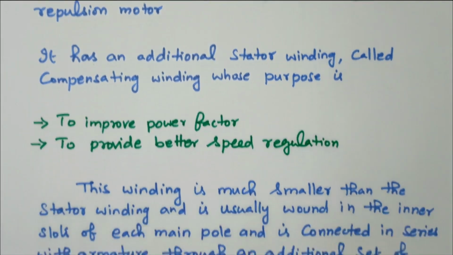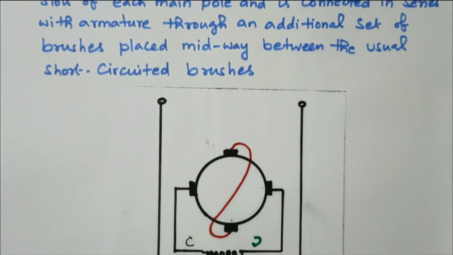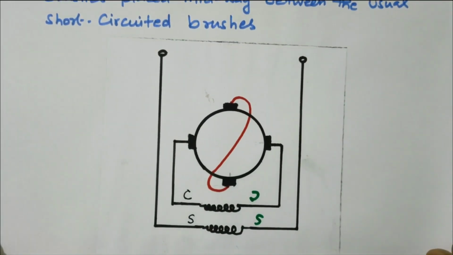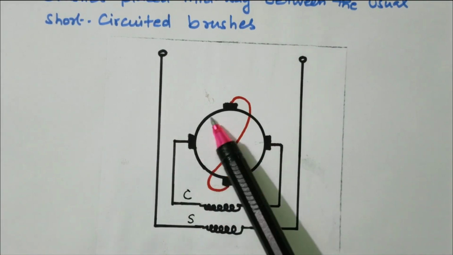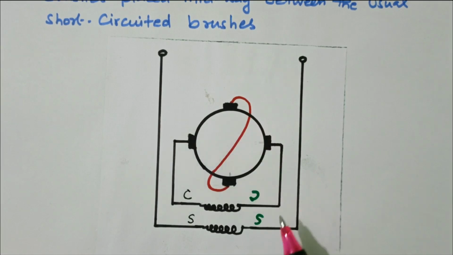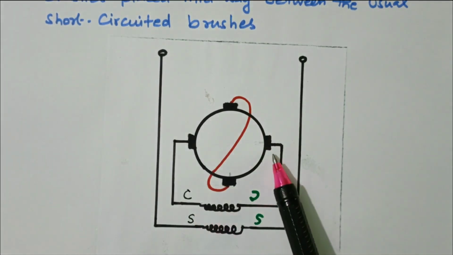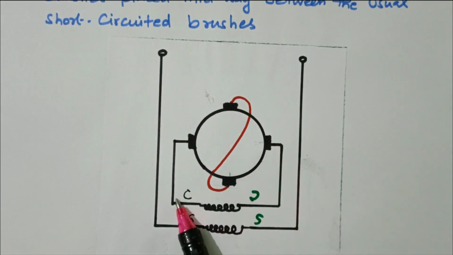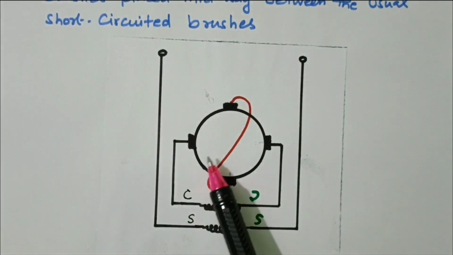Now we'll see the diagram. The simplified diagram is given. This is the rotor, the rotating part, and S refers to the stator winding. On the rotor side, the compensating winding is connected. We know that in the repulsion motor, the rotation and torque are all based on the shifting of the brushes.